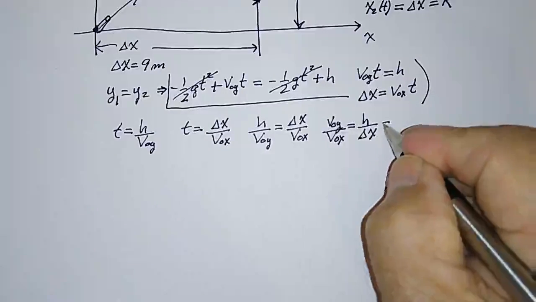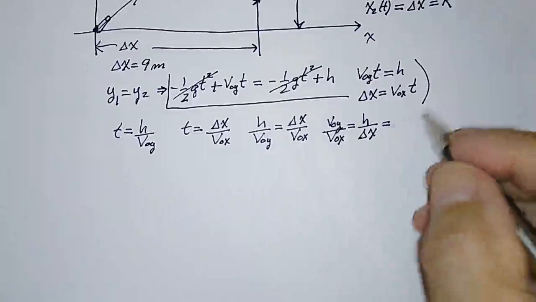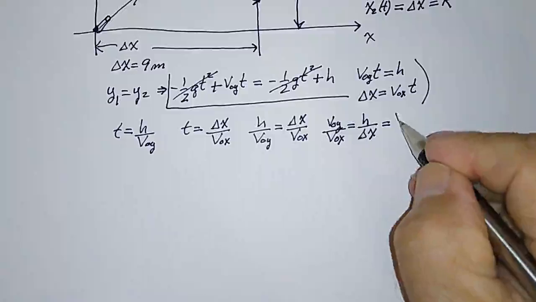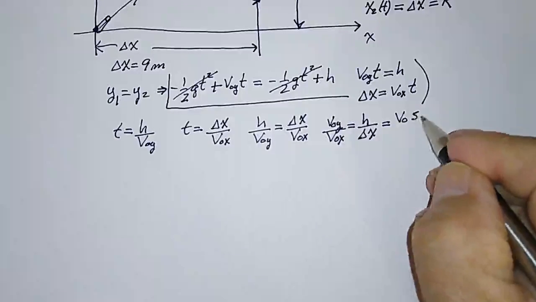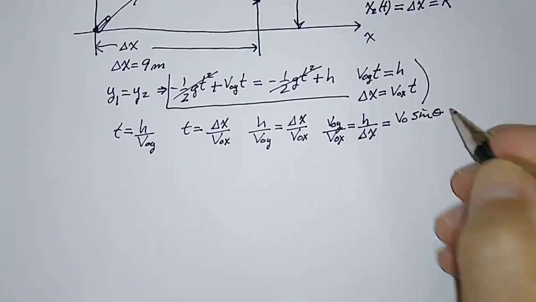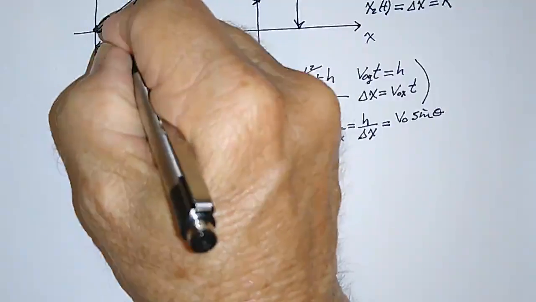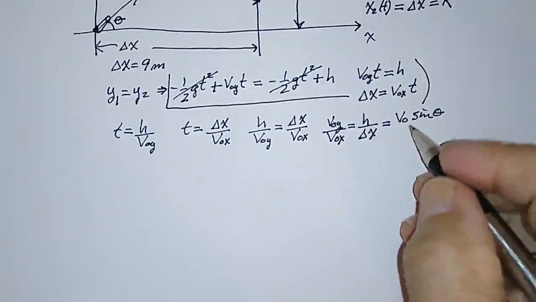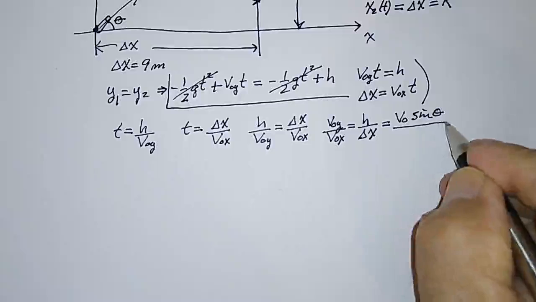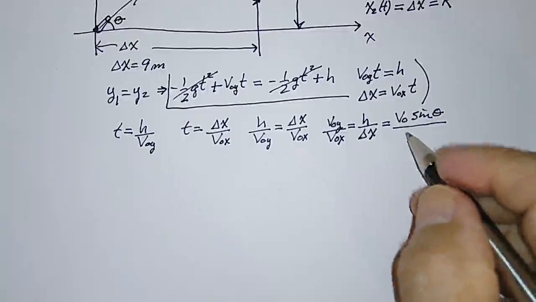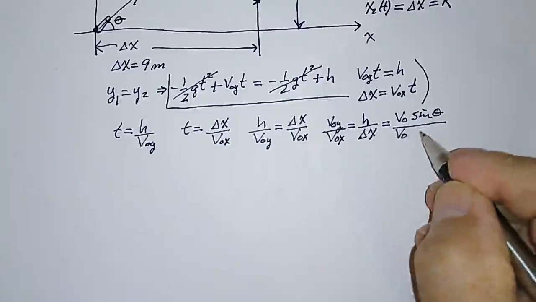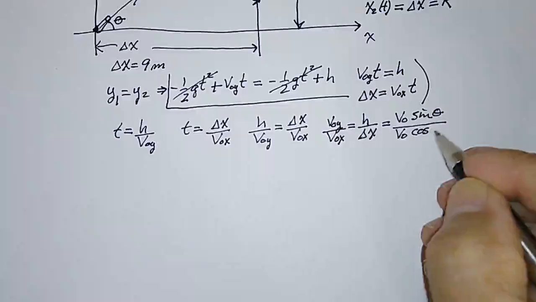And that means from these two, v naught y is v naught times sine of the angle theta, which is this angle right here, divided by the x component of the velocity, which is v naught cosine theta.